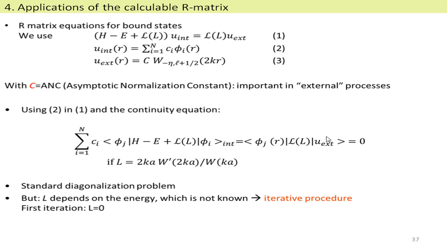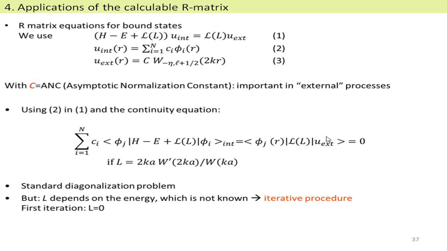And the coefficient in front of that, C, is called the ANC, asymptotic normalization constant. So we discussed that last Friday. And this C is important in external processes. So the coefficient here is exactly the ANC.